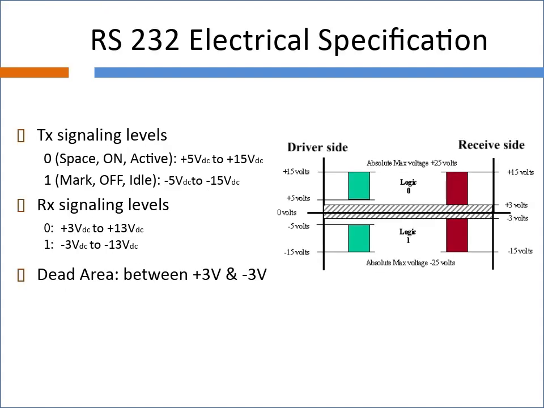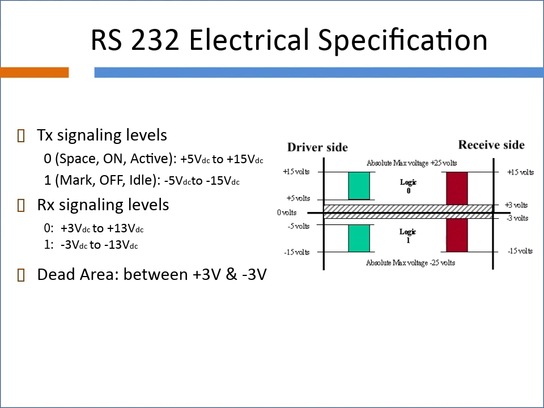This slide describes the RS-232 electrical specification. You know, we have transmitters and also receivers, and the RS-232 electrical specification says that whenever you design a transmitter or receiver, the voltage levels must be like this. For example, at the transmitting end, the voltage level for 0 should be between plus 5 volts DC to 15 volts DC.